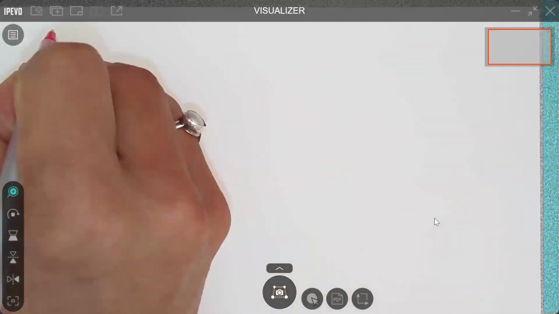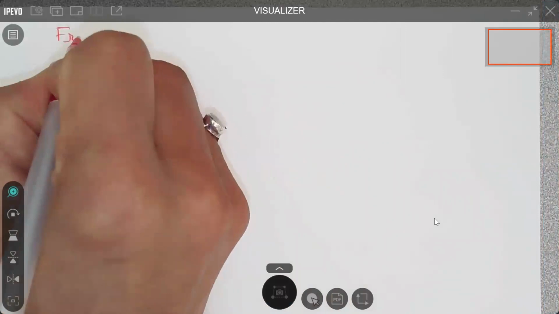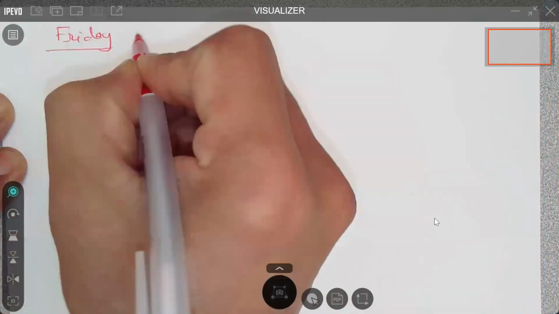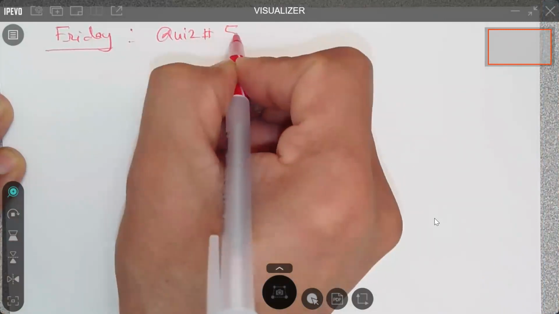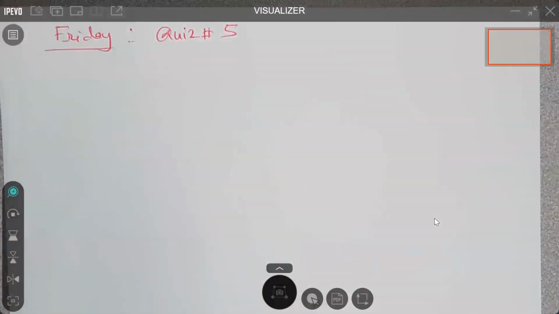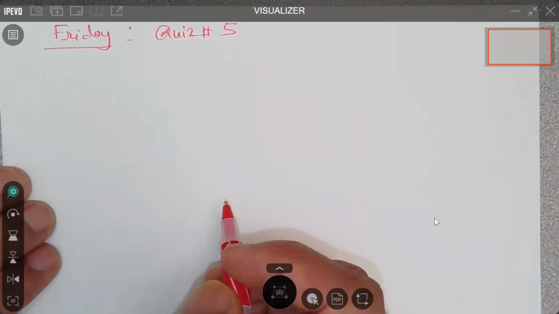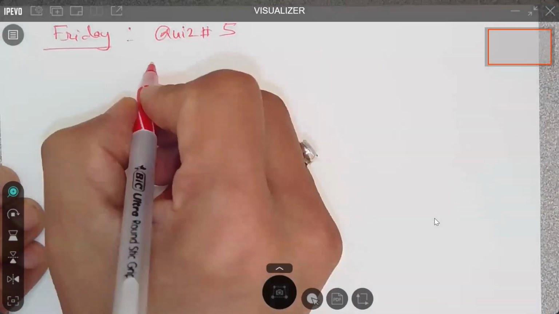So this Friday, quiz number 5. Okay. So it will be about the transformation technique.